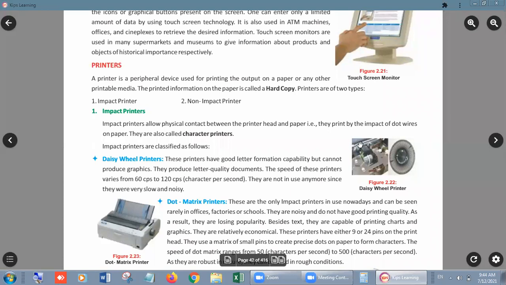On the other side of the ribbon there is always a white paper. When it strikes, then due to the ribbon, just like carbon paper which you use in your daily life, right?